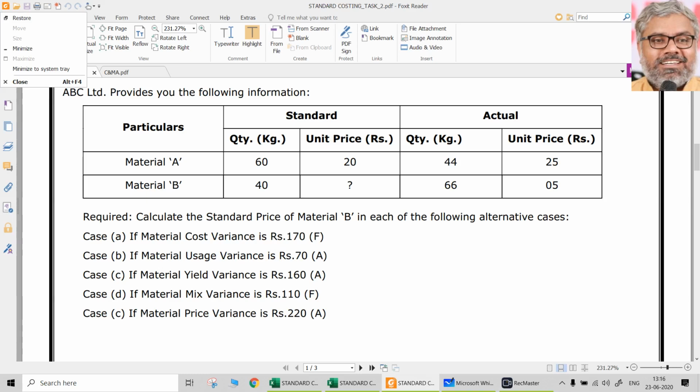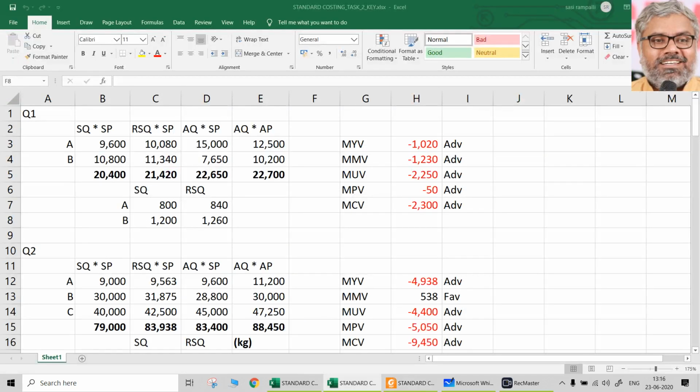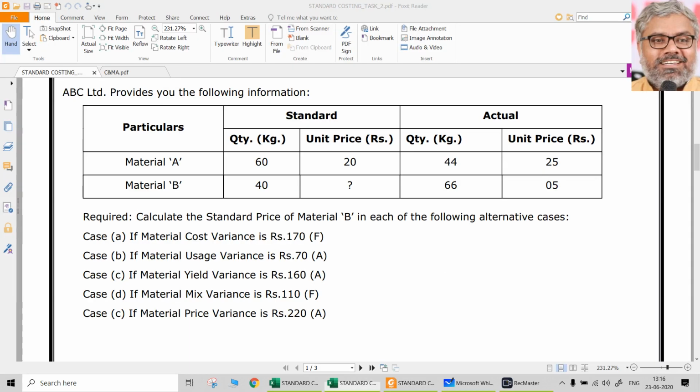So total is already known, that is 1430. Then SQSP here for material A we know, that is 60 into 20, that is 1200, plus 40x. So what does this mean here? Whichever formula of variance you are using, just take the SP of material B as X. Automatically the answer will emerge.